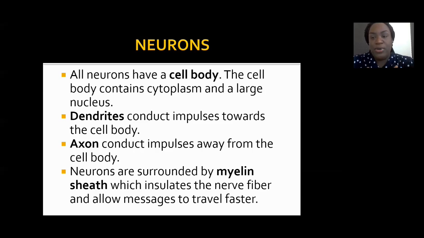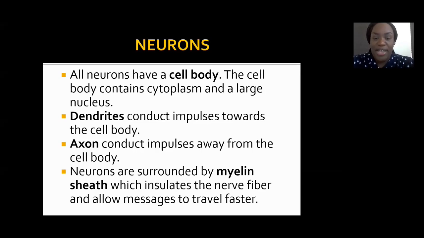They have a cell body, and this cell body contains all of the basic organelles that you will find in basically any cell. Okay, so the cell body includes structures like cytoplasm, and as well as it has a large nucleus. Okay, other than the cell body, we have dendrites.